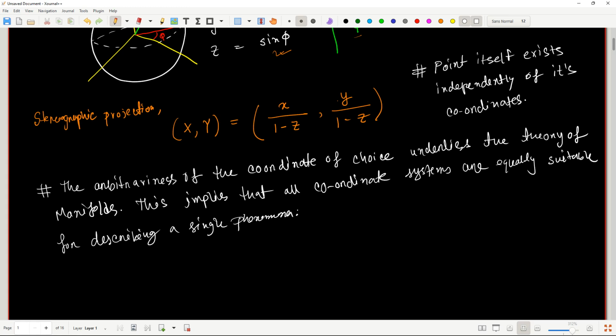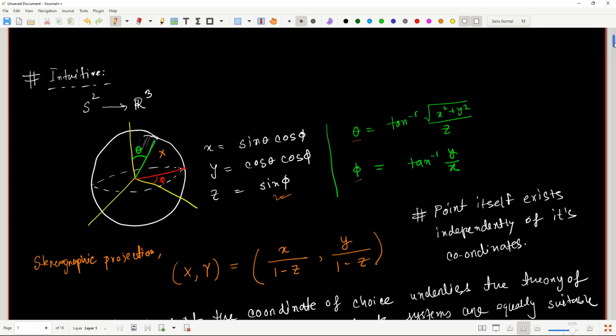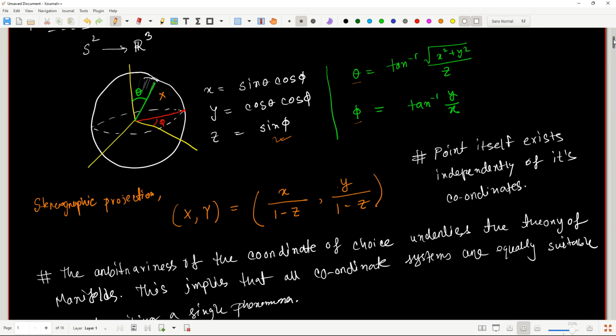But now let's revisit these coordinates, and if you do that you'll see something very interesting. What you'll see is that you cannot cover the whole surface of this two sphere, that means the surface of the sphere, with a single coordinate system.